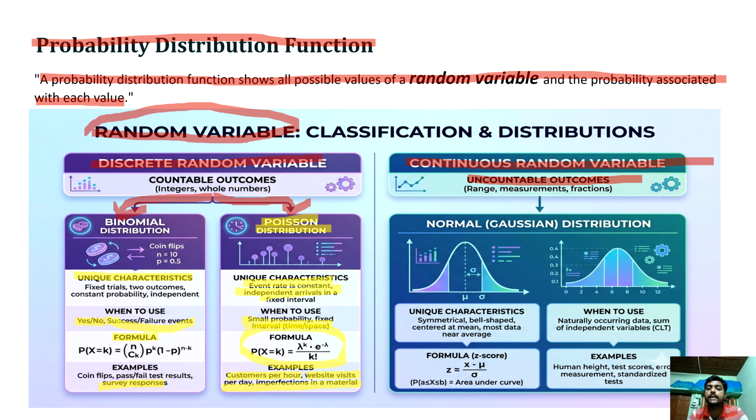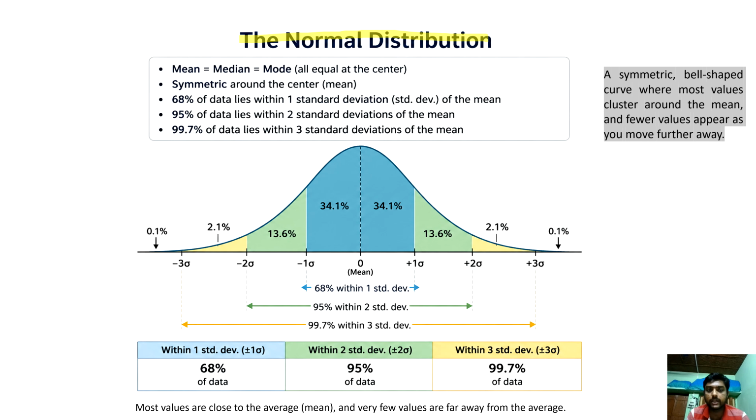In case of a continuous random variable, the distribution is called the normal or Gaussian distribution. In the next slide, we will discuss the normal distribution, what it is and why it is named the normal distribution. Normal distribution means the mean equals the median equals the mode, all equal at the center, symmetric around the center, and it makes a bell-shaped graph.